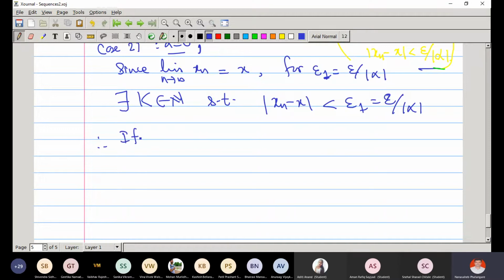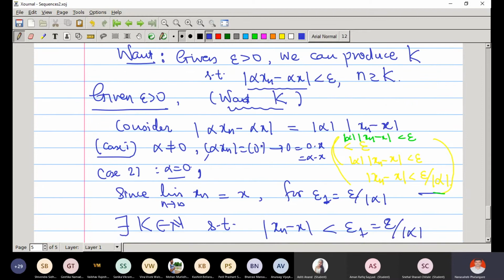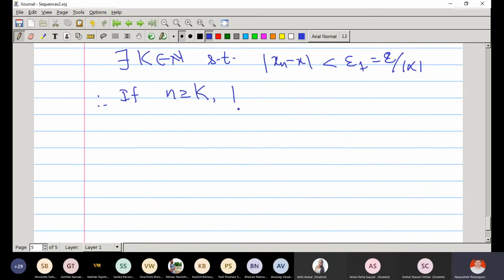Therefore, if n is greater equal k, can you make alpha times xn minus alpha x less than epsilon? Let us check. Alpha times xn minus alpha x is alpha times xn minus x. But what is the next step?